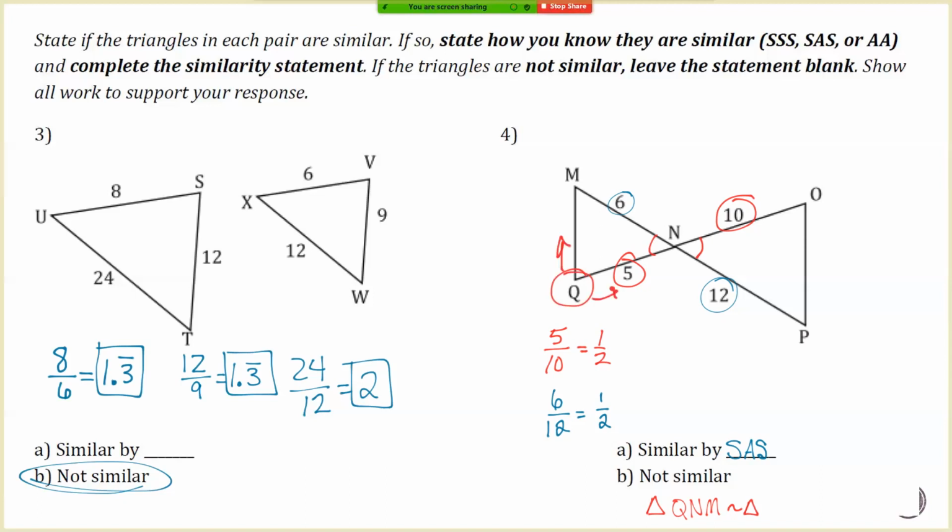So over here, I have to go to the unknown side, which is here, and the shortest side here, which leads me to O first. So O, then we went down the shortest side to get to N, then P. So triangle QNM is similar to triangle ONP.